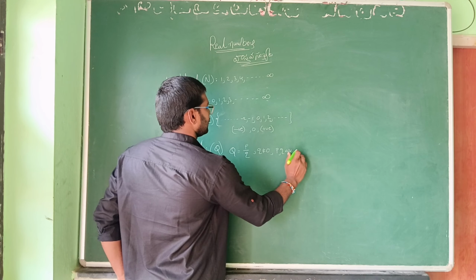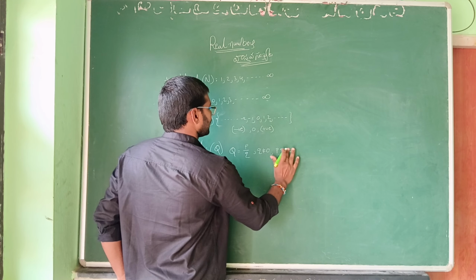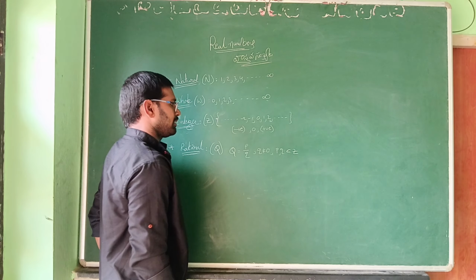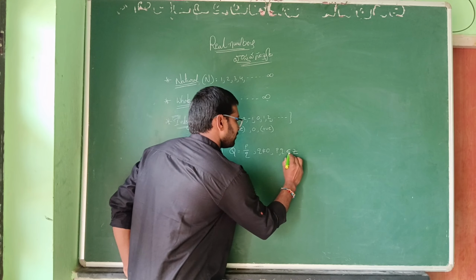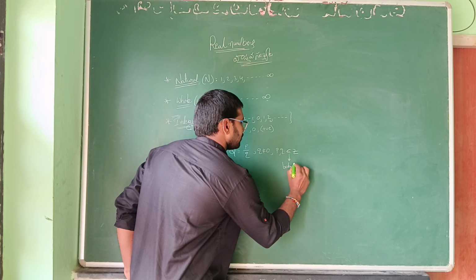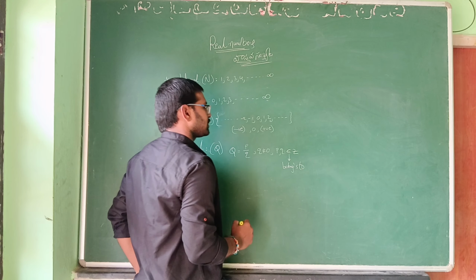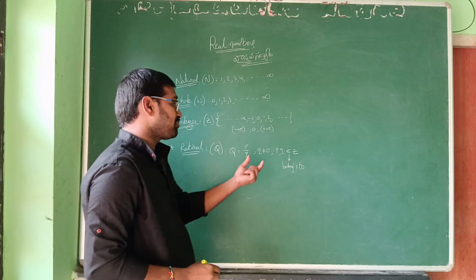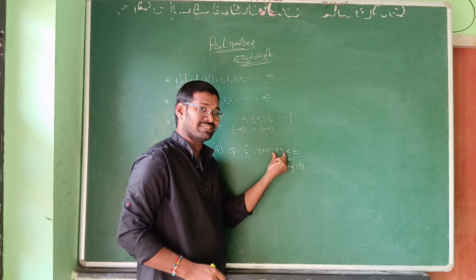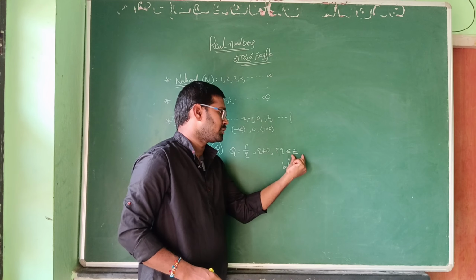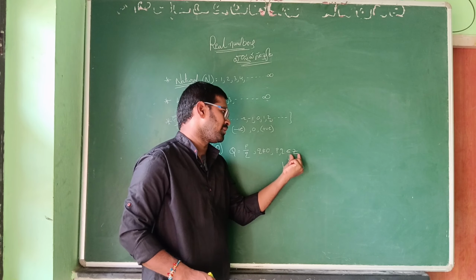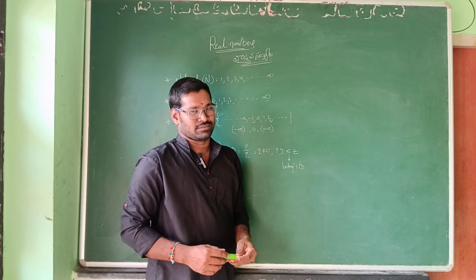P, Q belong to integers. This symbol is called belongs to. Okay? That means in the place of P and Q, you should take integers only. That is the reason we write P, Q belongs to Z.